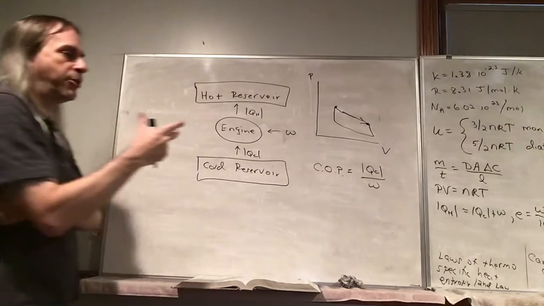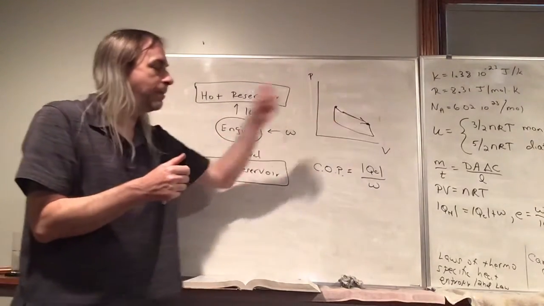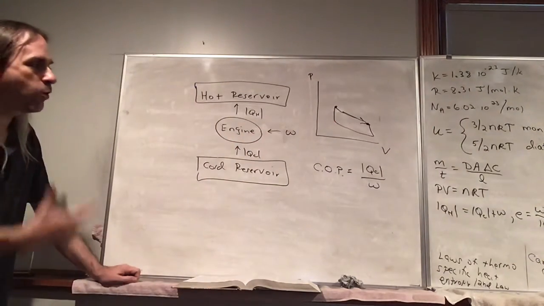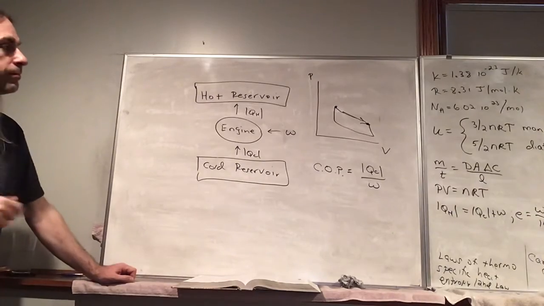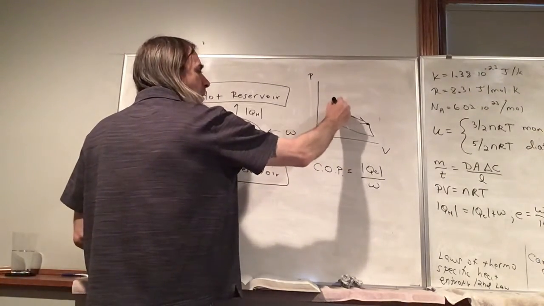Since we're on this subject of heat engines, and again, PV diagrams, a Carnot cycle is one particular cycle in a PV diagram that looks kind of like this.